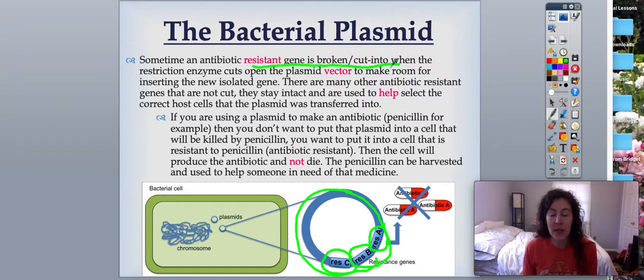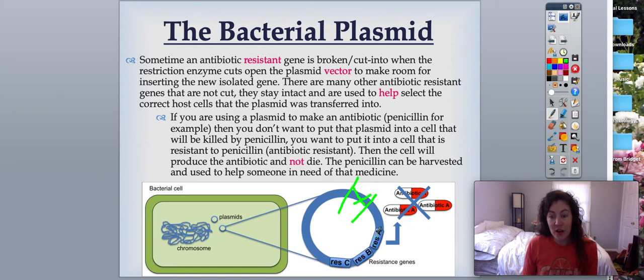So let's continue reading. We want to make room for inserting the new isolated gene. When we cut out a portion of that plasmid, we would take that portion out.